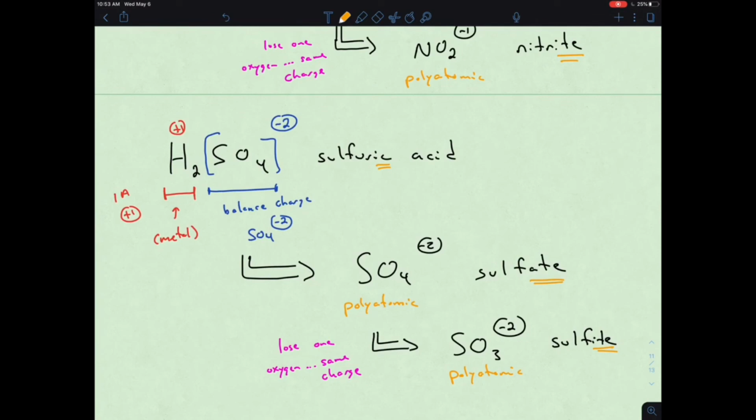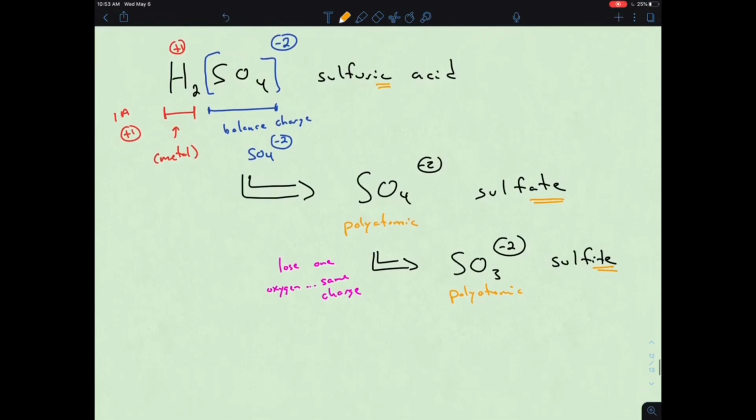So that's naming with these polyatomics, and I'm just here trying to develop a method to maybe help with all the different polyatomics that I'm asking you to know in a test scenario.